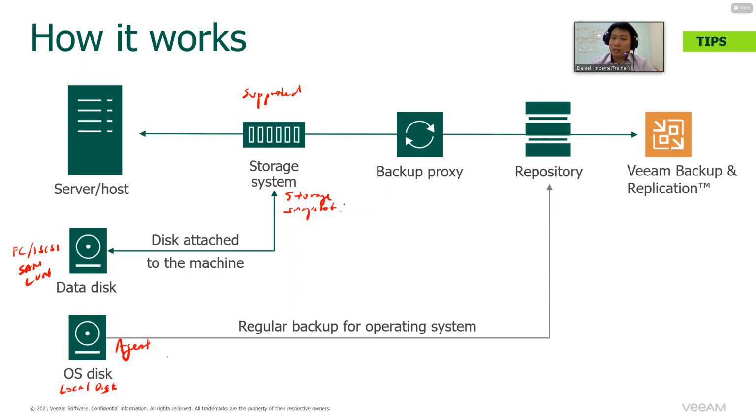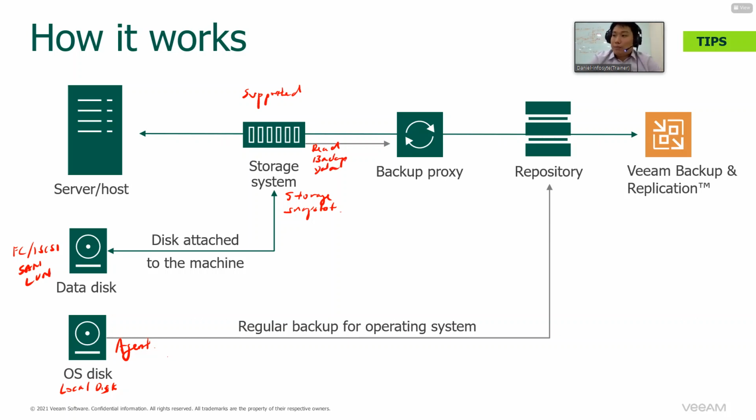Now, this support is quite similar to the VMware storage integration function, whereby when I'm trying to back up this data disk, Veeam will also call the storage system to create an additional snapshot. And then I will be using the snapshot instead to perform my backup of the data here.